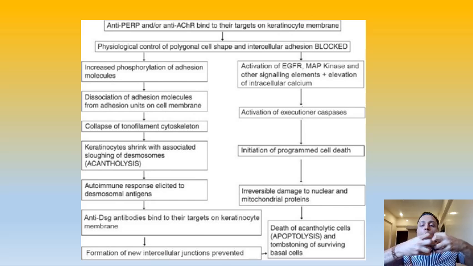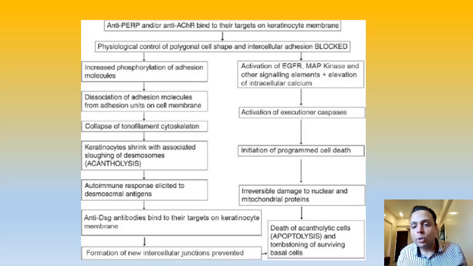Acantholysis is a loss of cohesion of the keratinocytes because of disorganization, separation or destruction of the desmosome. So when there is destruction or disorganization of the desmosome leading to detachment of the keratinocytes, or loss of cohesion, that is called acantholysis.